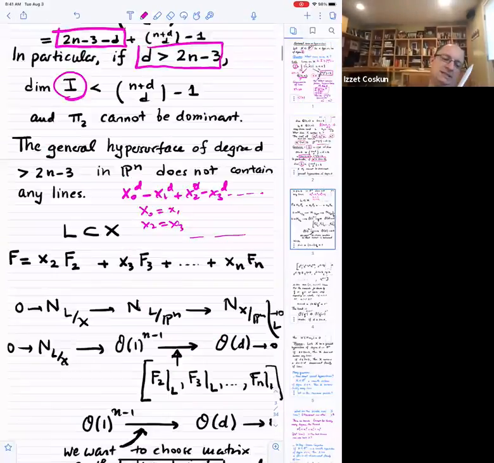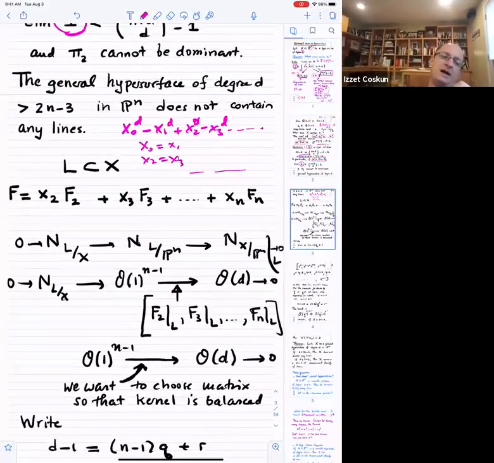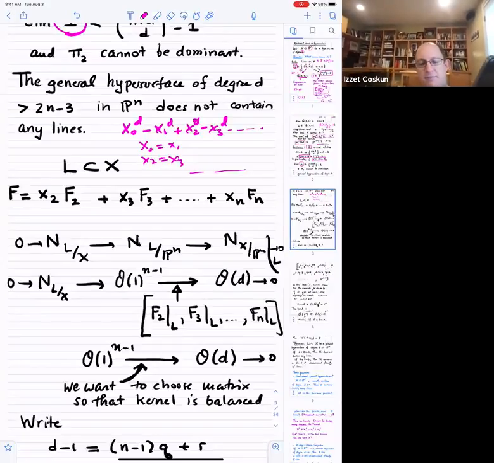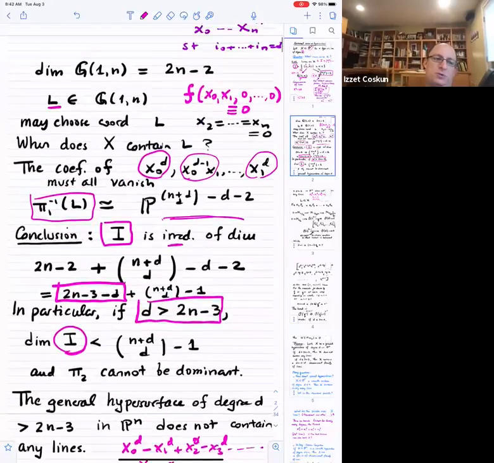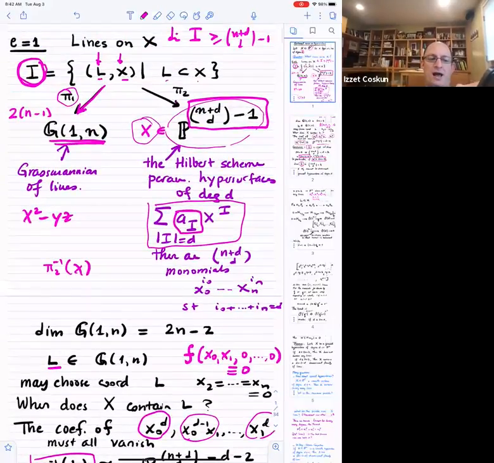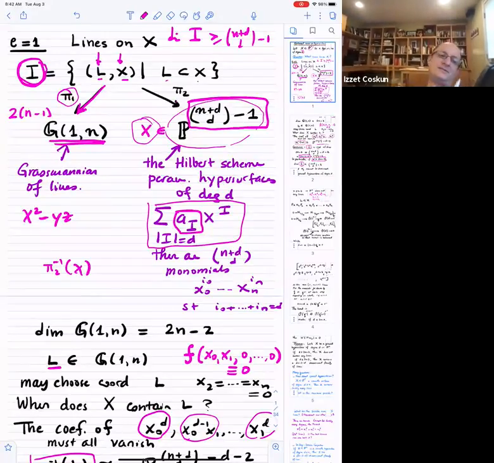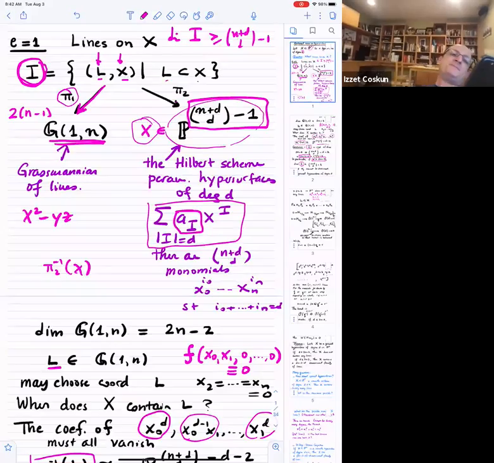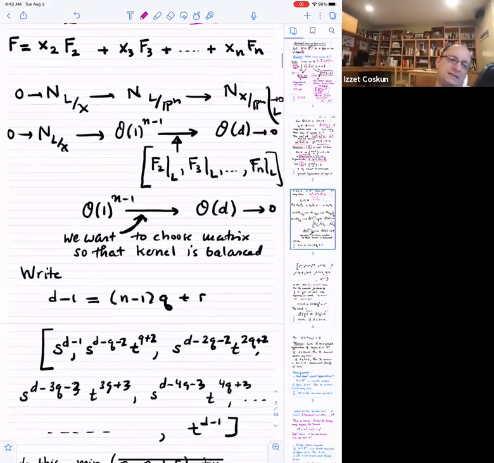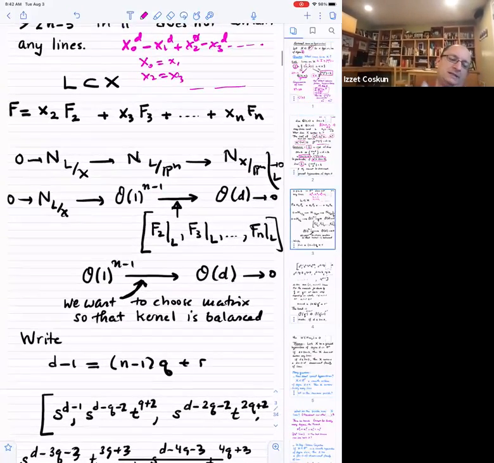In other words, there is a 2n minus 3 minus d dimensional family of lines. By the theorem on the dimension of fibers, what you need to do is show that for one line, that is the dimension. And if you do that, then just by the way maps between projective varieties work, you get it.